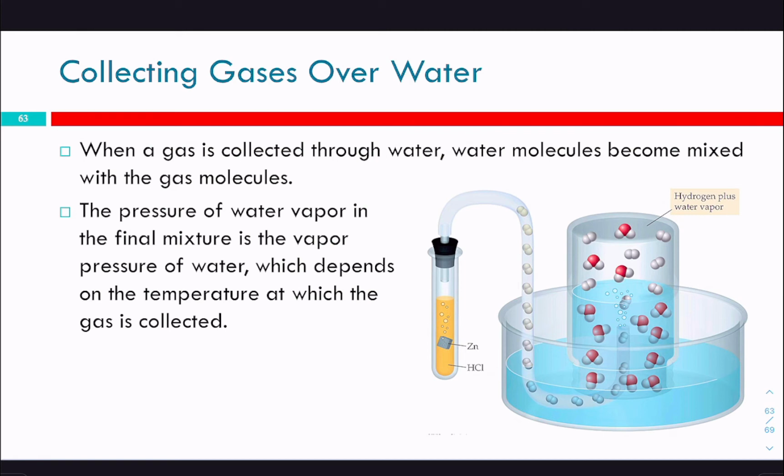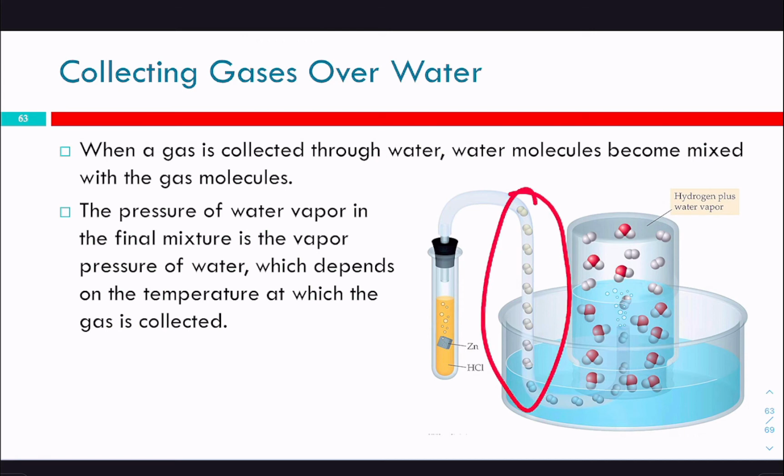Okay, so when a gas is collected through water, water molecules become mixed with the gas molecules, and the pressure of the water vapor in the final mixture is the vapor pressure of water, which depends on the temperature at which the gas is collected. So this is where you guys did this experiment almost exactly.